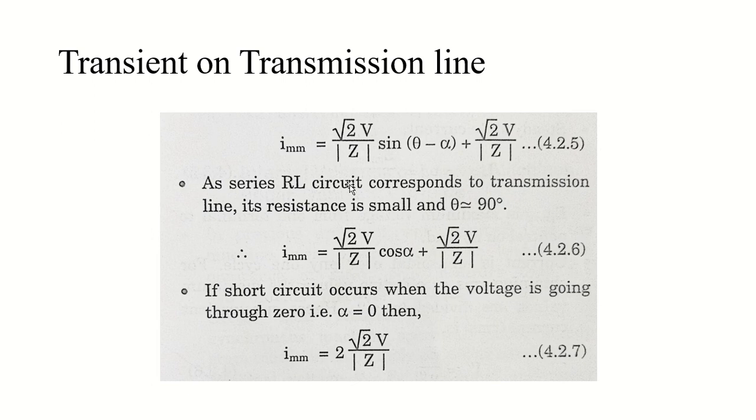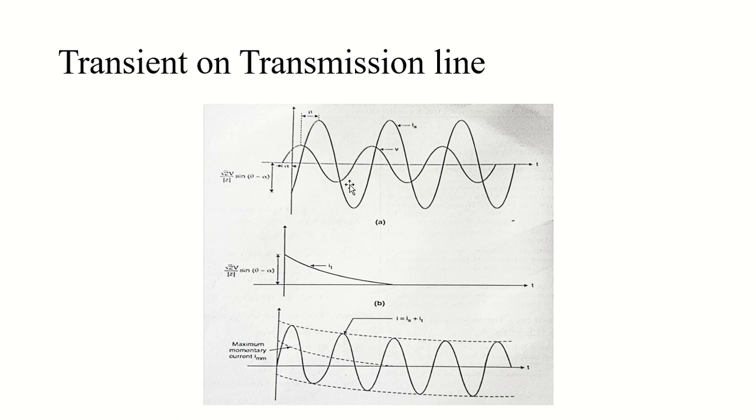Now coming to the plots for momentary short circuit current, that IMM is the maximum momentary short circuit current, and it corresponds to the first peak of total I, which means this peak I'm talking about.